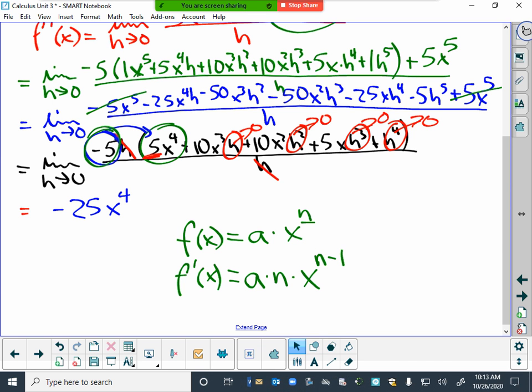The a that's out in front here, from a transformation standpoint, I understand that that's just vertically stretching things. And if derivative is about slope, when I vertically stretch something, it makes it taller and steeper than what it was.